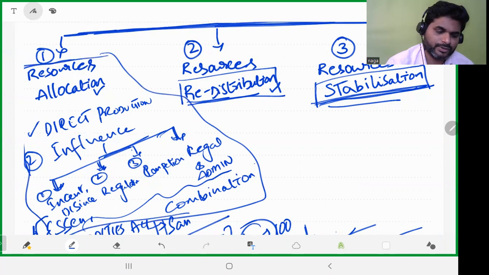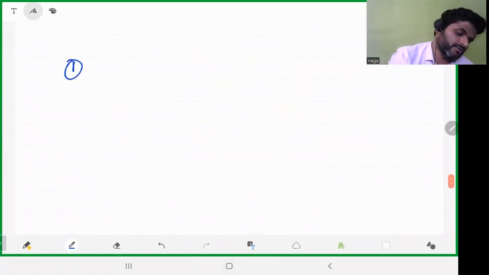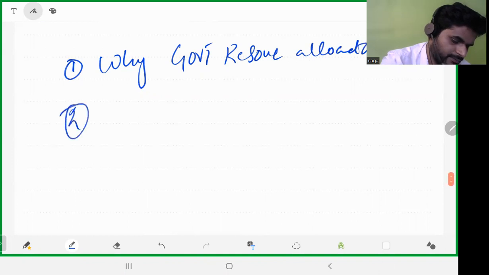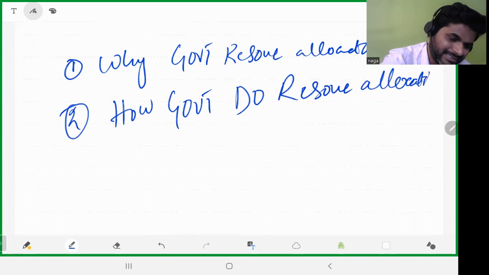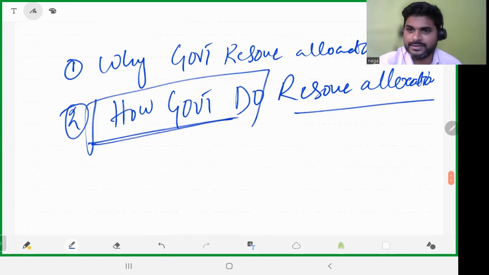There are three things that you need to remember. One, what is the role of government in the resource allocation function? Why should government do resource allocation? Second, how does government do the resource allocation function? These two questions you should have crystal clear clarity on. We discussed now how government does resource allocation, and why.